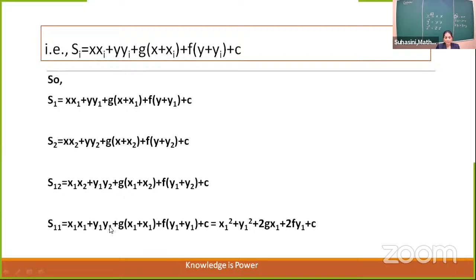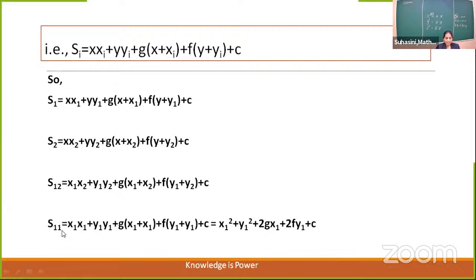What is y1 into y1, children? y1 square. Now x1 plus x1, how many times x1? 2 times x1, and multiplied with g gives us 2gx1. And y1 plus y1, 2 times y1, when multiplied with f gives us 2fy1, plus c. So S11 is x1 square plus y1 square plus 2gx1 plus 2fy1 plus c.